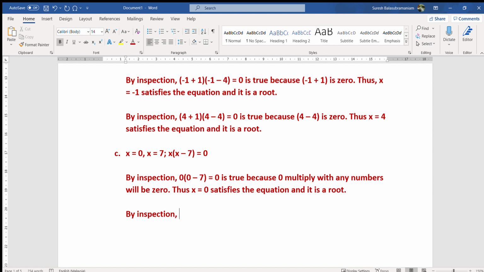The second one is 7, so 7 times (7 - 7) = 0. This is also true because 7 minus 7 in the bracket is 0.